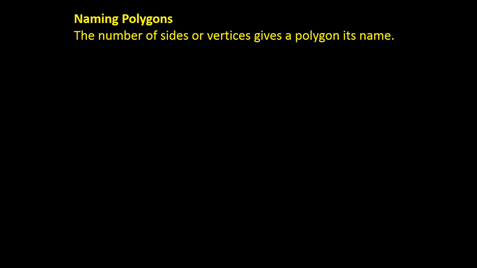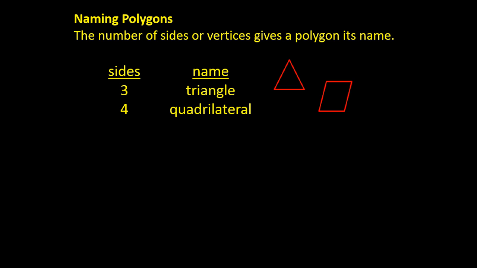We can give names to polygons based on the number of sides or vertices that it has. The number of sides and the number of vertices will be the same. So, let's say we have a polygon with 3 sides. That would be a triangle. A 4-sided polygon is a quadrilateral.